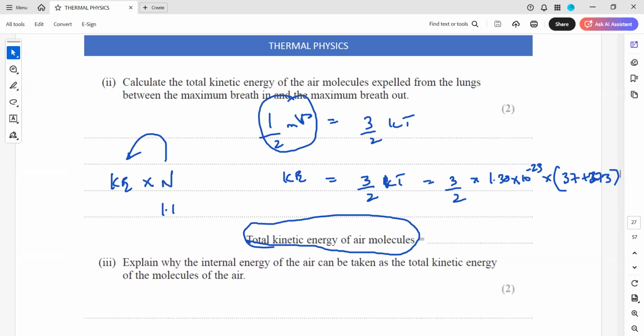In the previous part we calculated 1.1 into 10 to the power 23. So we multiply our answer by 1.1 into 10 to the power 23, and we'll get the total kinetic energy of all the air particles which are expelled.